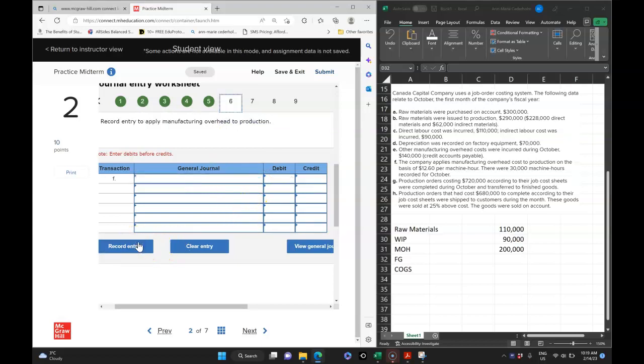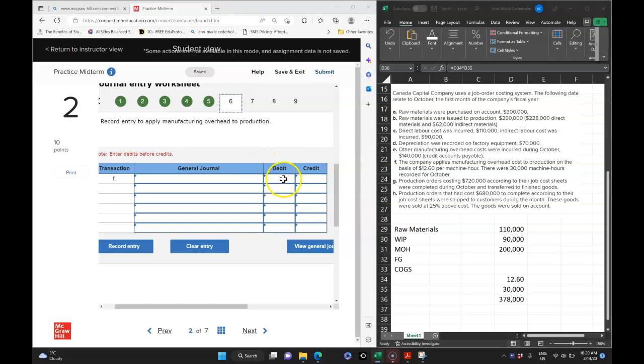The company applies manufacturing overhead costs to production on the basis of 12.6 per machine hour, so that's the predetermined overhead rate. There were 30,000 machine hours recorded for October. So if we take the predetermined overhead rate and multiply it by the actual activity, that's going to give us our applied overhead.